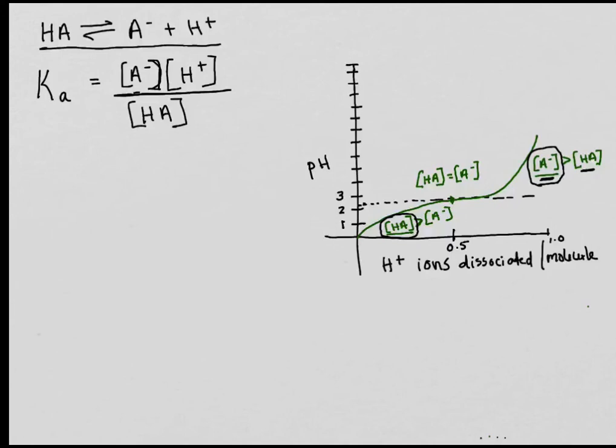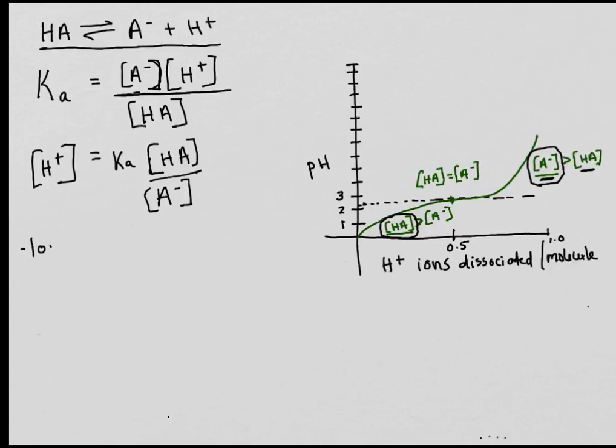If we solve for H plus, that's equal to Ka times HA divided by A minus, and we now can take the negative log of both sides of the equation.